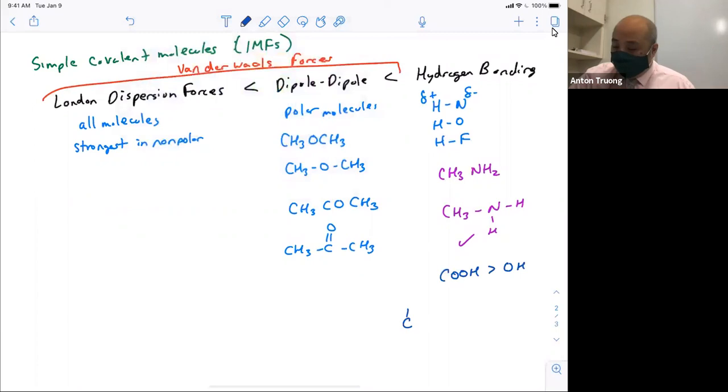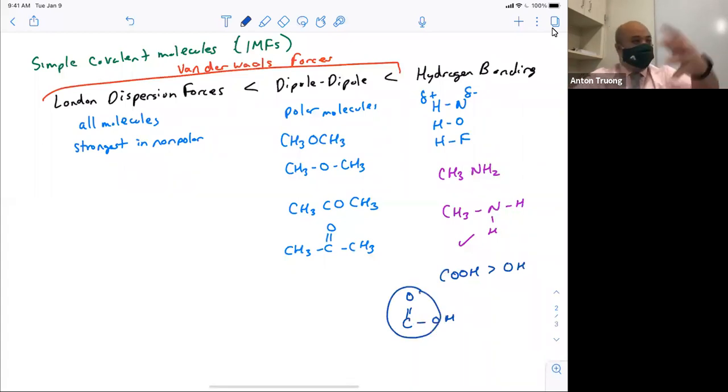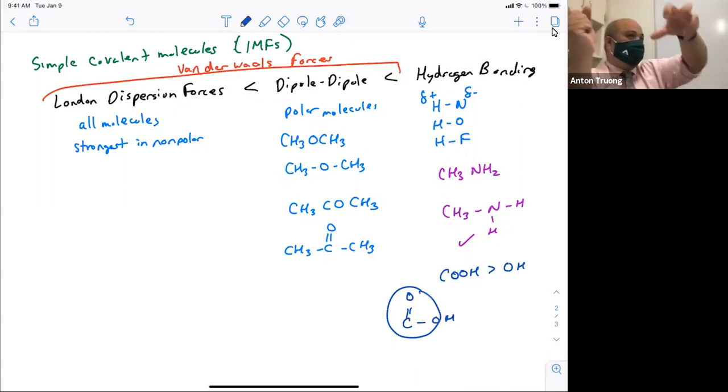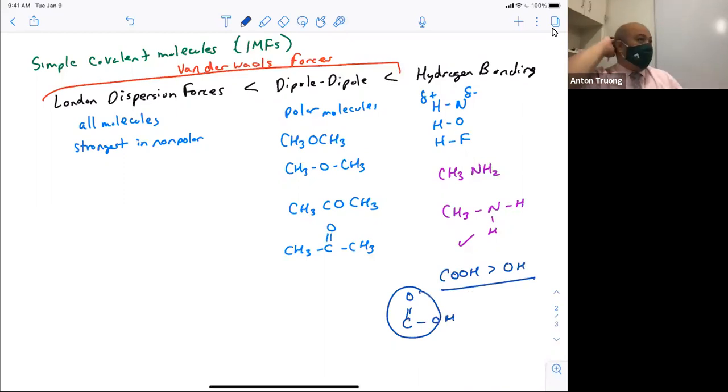When you have a carboxylic acid, you not only have one O pulling electrons away from it, but this whole region is pulling electrons away from that hydrogen. So that hydrogen is going to be even more positive than in an alcohol, which is why these become acids, because the H is so positive that the molecule would rather donate it to something else than keep it. That's why carboxylic acids behave that way: it's so polar, it's stronger than your hydroxyl. So that's kind of your tiebreaker here.